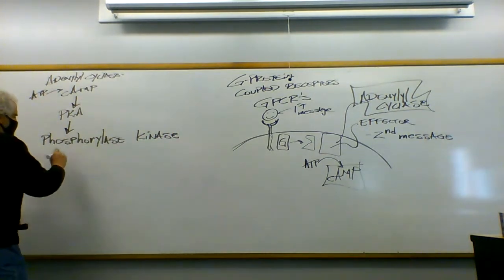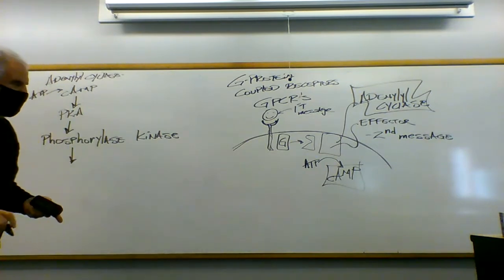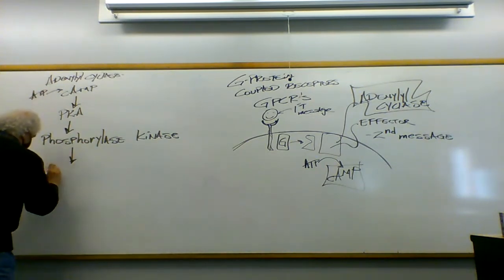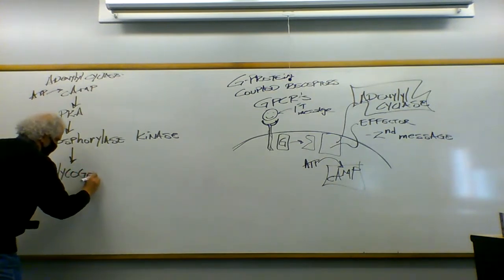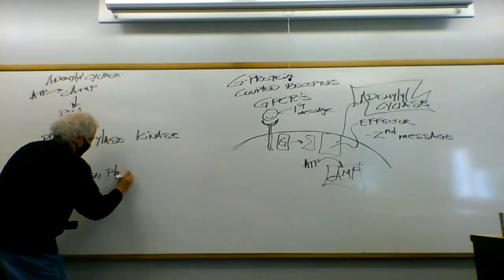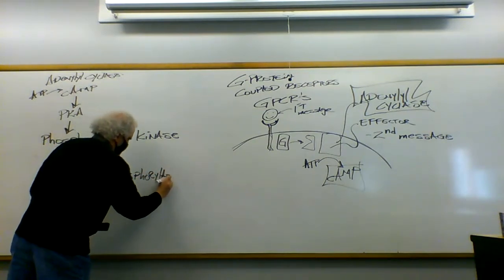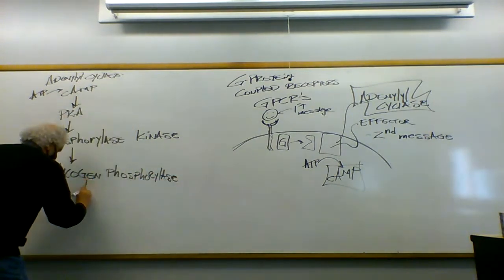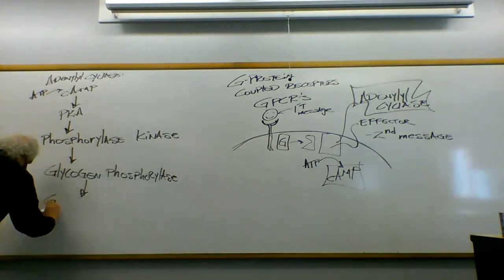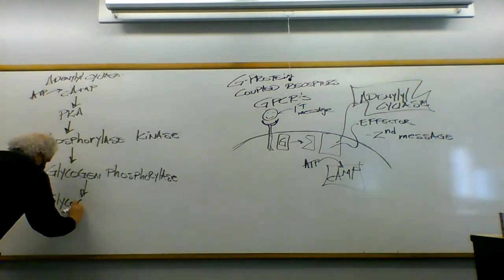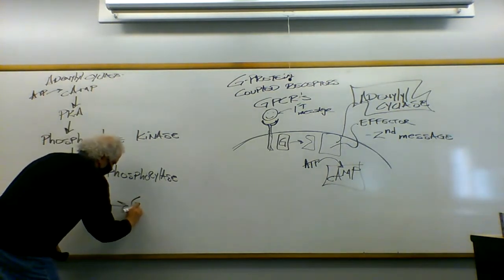Phosphorylase kinase, in turn, is phosphorylating its substrate, which is glycogen phosphorylase. And in turn, finally, glycogen phosphorylase is able to take glycogen and break it down into glucose.